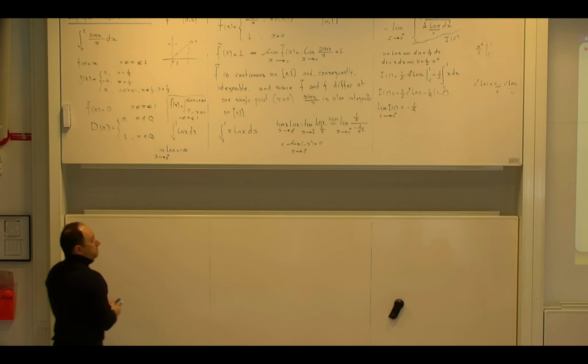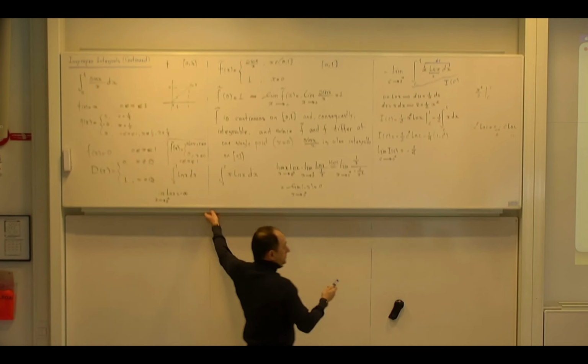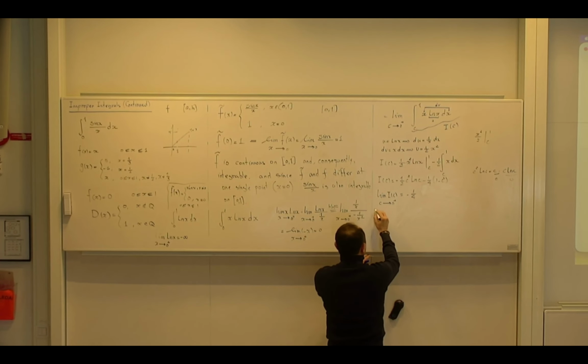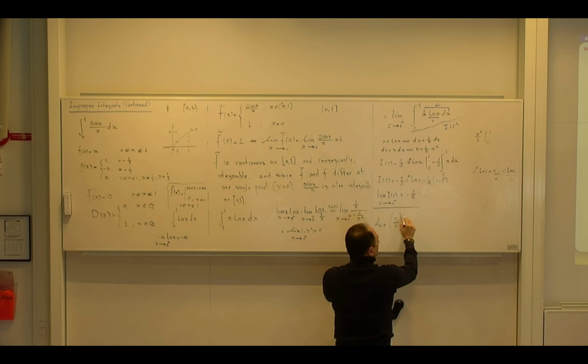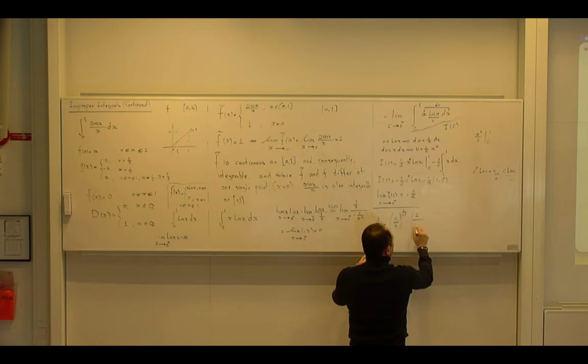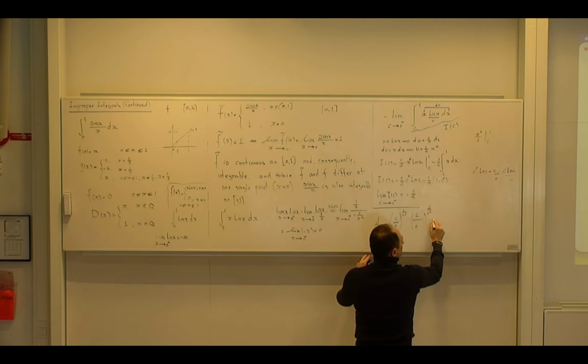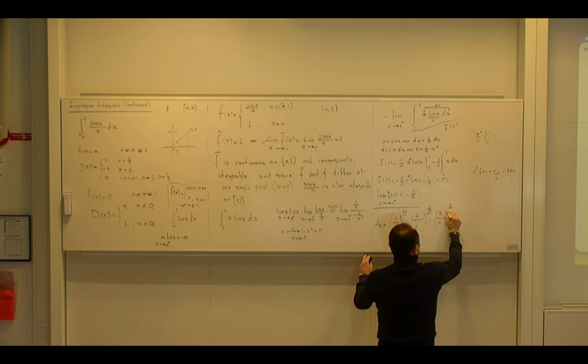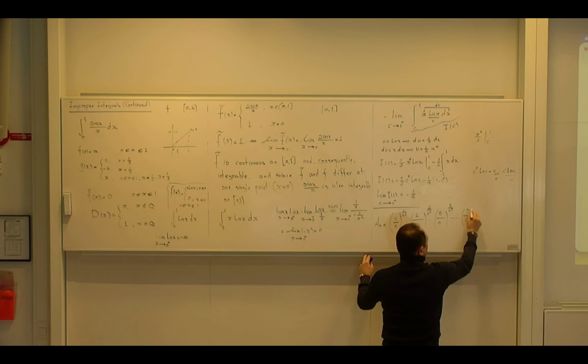So let me start from here at least to save some space. So what is a_n? A sub n is a sequence defined in this way: (1 over n) to the power of 1 over n squared, multiplied by (2 over n) to the power of 2 over n squared, and then (3 over n) to the power of 3 over n squared, and it continues up to (n over n) to the power of n over n squared.